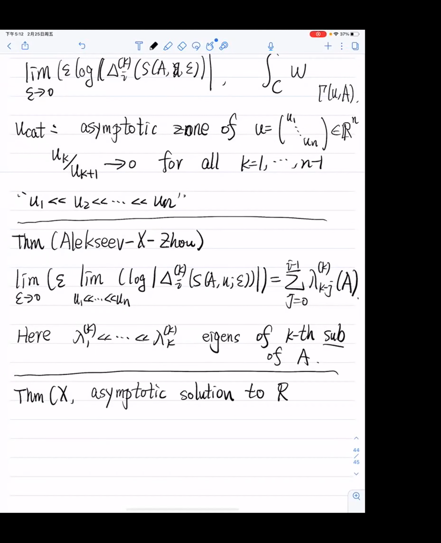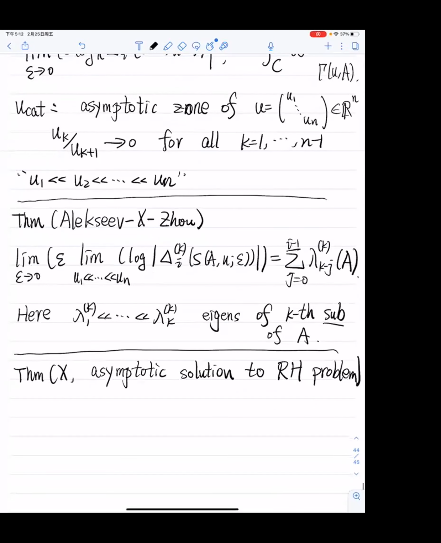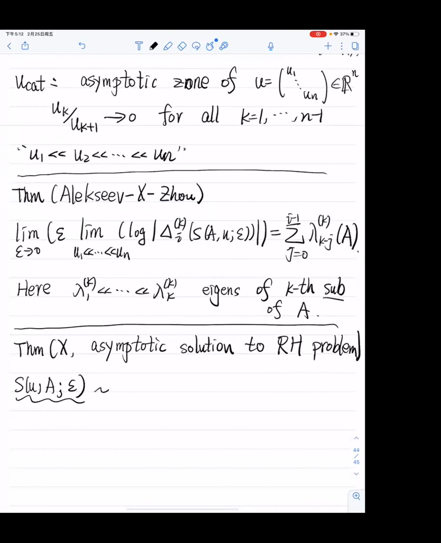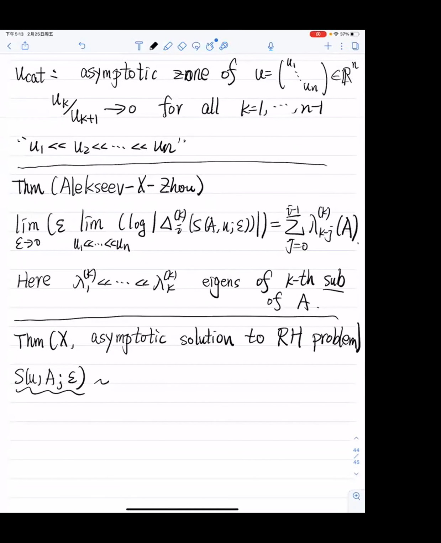So actually, we compute some Riemann-Hilbert, or maybe Birkhoff Riemann-Hilbert problem, asymptotic solution. That is, we solve this Riemann-Hilbert problem and find the explicit formula for the Stokes matrix as U goes to the asymptotic zone.